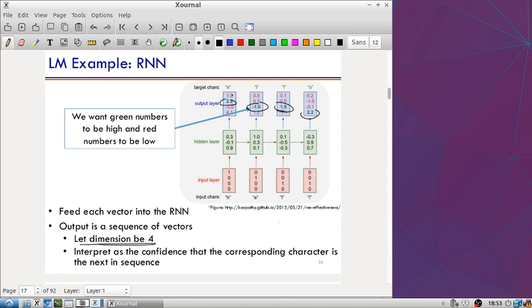Each term is just a minus log of e to the power score of the true label, divided by the sum of e to the power scores of all 4 coordinates. Do you guys remember what cross entropy loss is? You should probably, because it's part of your assignment. The only difference is that there are 4 terms instead of 1 cross entropy term that you see in regular classification. That's all.